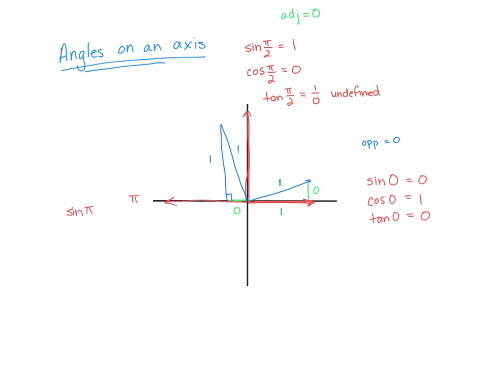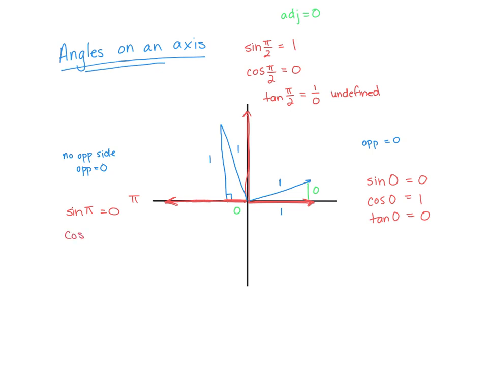Well, if I think of where pi is located, it means I have an adjacent side here, but I have no y value. It has not moved off of that axis. So I have no opposite side. I can think the opposite side has a length of 0. So at sine of pi, my opposite side is 0.